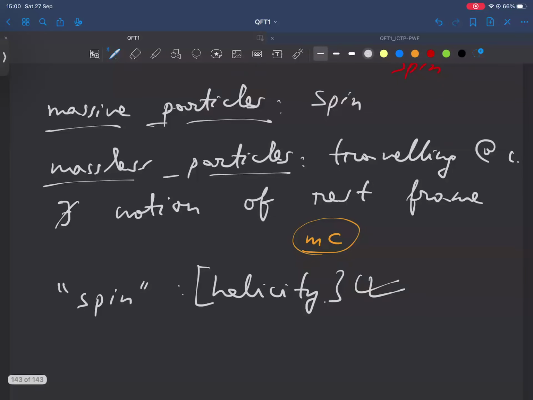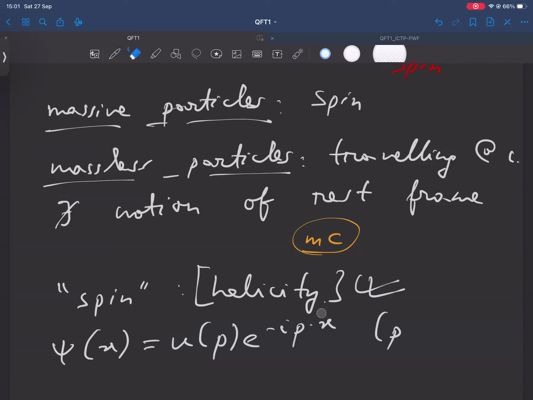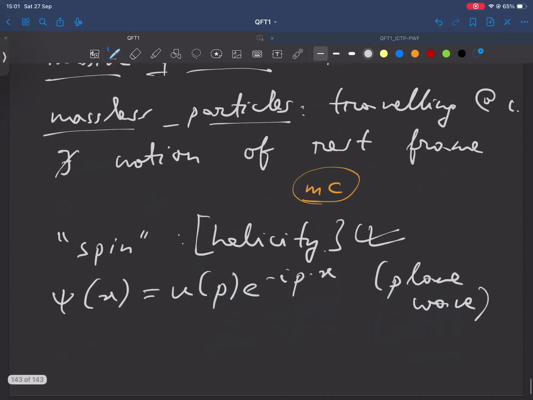Now, there is an exercise where you take these Dirac spinors and express them as plane wave solutions.